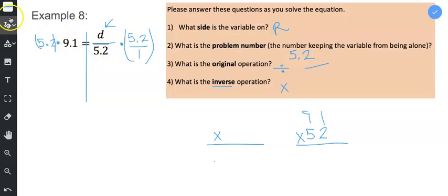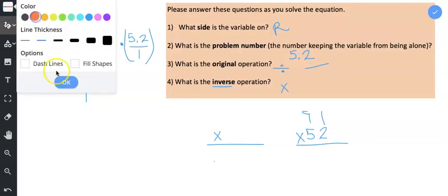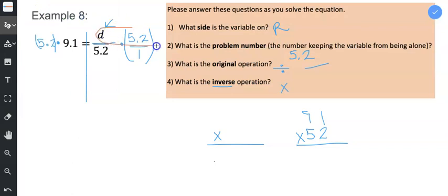And then we're going to multiply across. 5.2 multiplied by d is 5.2d. When you're multiplying fractions, you multiply the numerators together, and then you multiply the denominators. 5.2 times 1 is 5.2. And then we also need to multiply these two numbers.